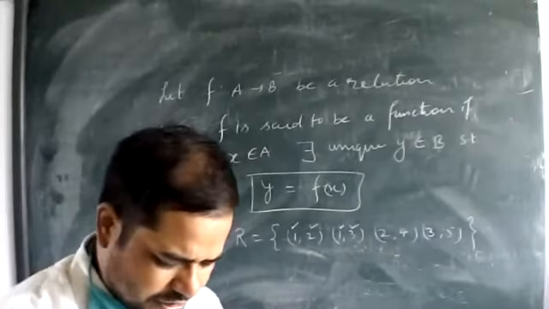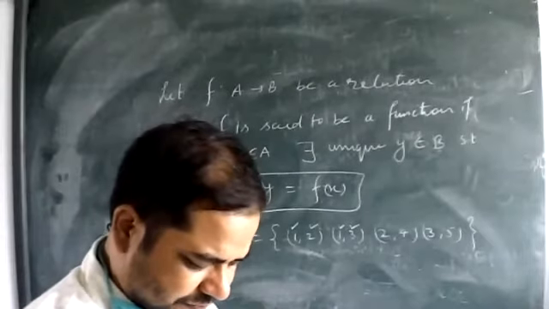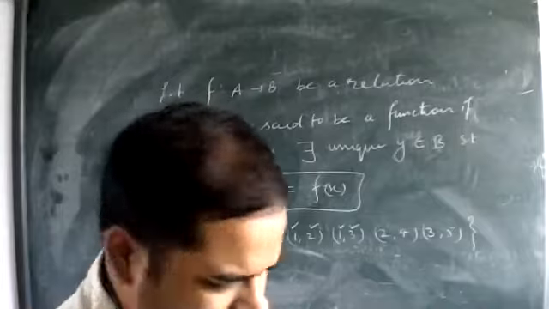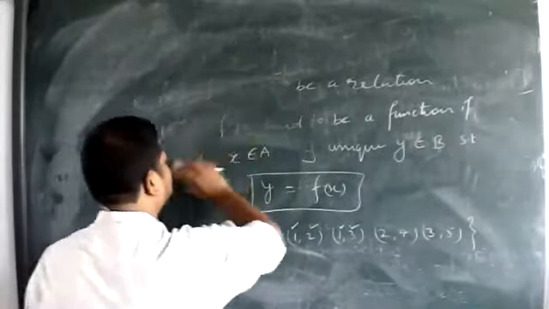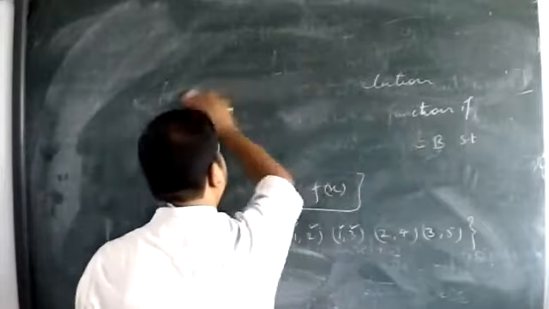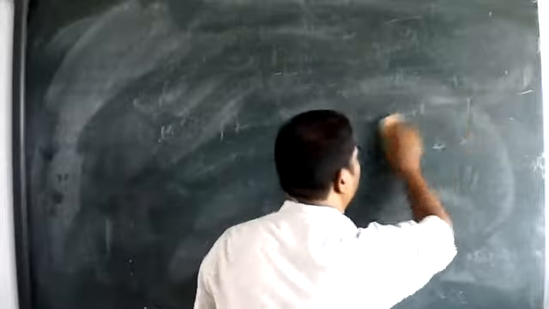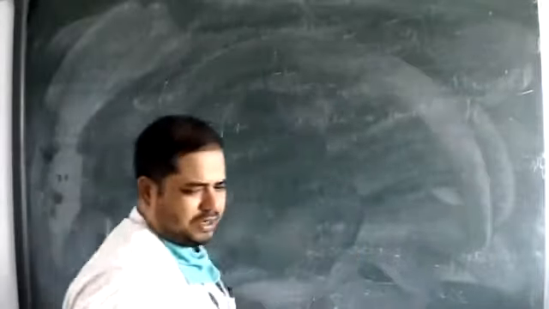Okay, so there are many types of function such as one-one function, onto function, one-one and onto. Before that, domain and range of function, which we have already studied in class 11. What is domain and range of the function and codomain?